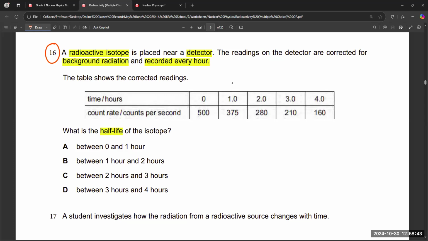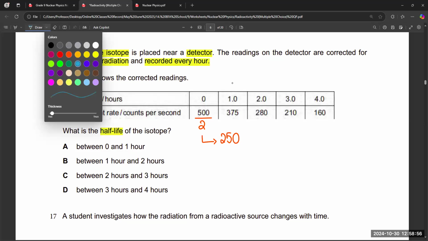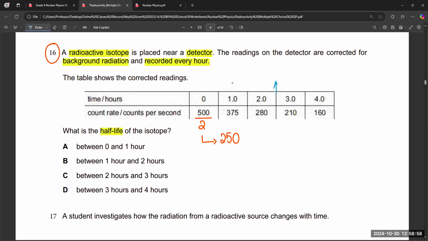But the process remains the same. After the first half-life, we got the value 250. So we need to identify where 250 lies. 250 is in between 280 and 210.